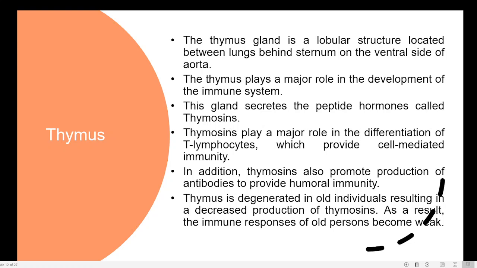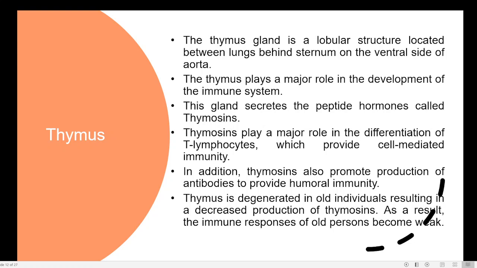So that is the function of the thymus gland. It is actually controlling the functioning of this T lymphocyte, and T lymphocyte is playing a very important role in cell-mediated immunity also.